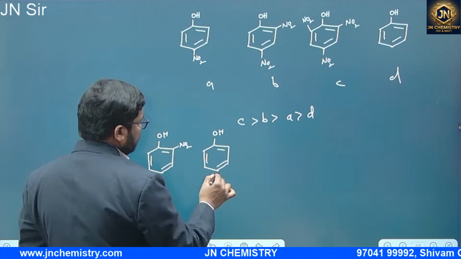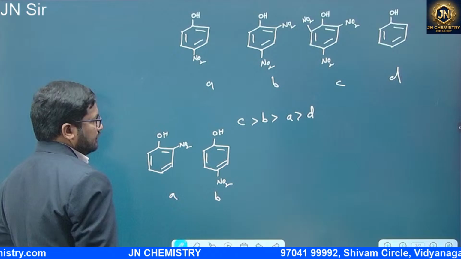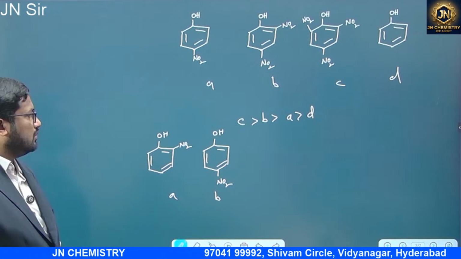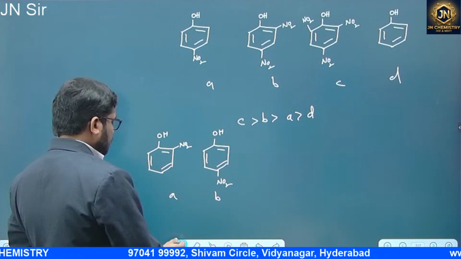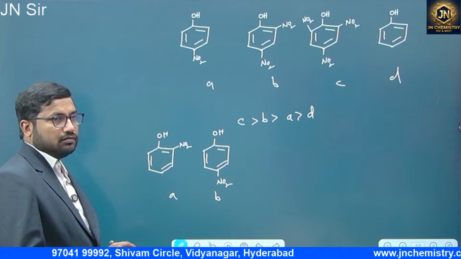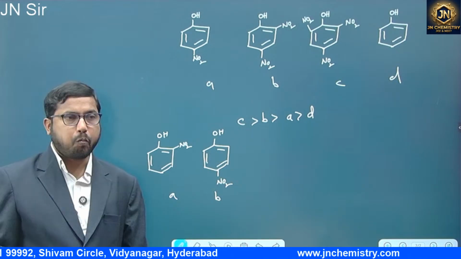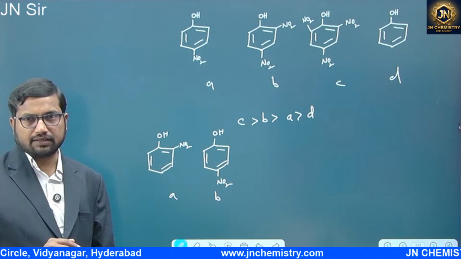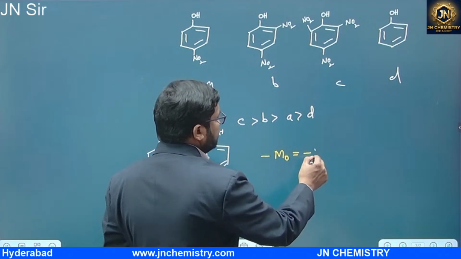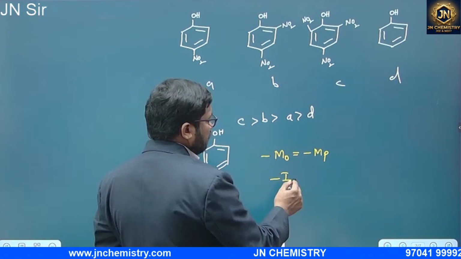Let me know in these two cases which is more acidic. Why A? According to the concept, A is the answer because both are minus M, ortho equals para. Both are having the minus I, ortho and para.